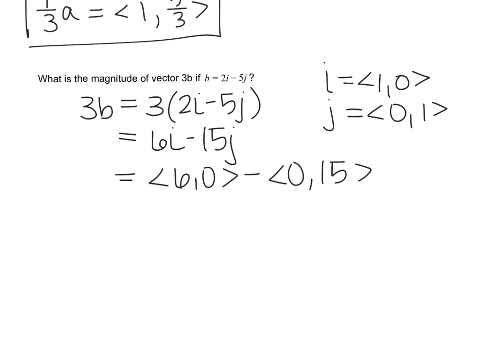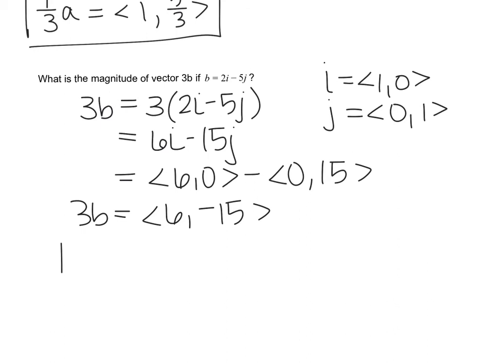And to write it as a single vector, it would just be 6, negative 15. We'll talk more about addition and subtraction of vectors later. So just i is the x, j is the y, and it's a negative. So now we have 3b as 6, negative 15 in component form.